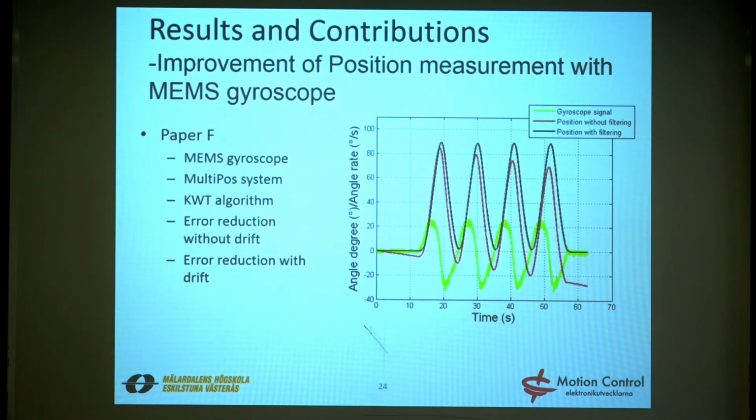We can say in the difference between the black curve and the red curve, with the KWT method, the angular position was improved a lot.